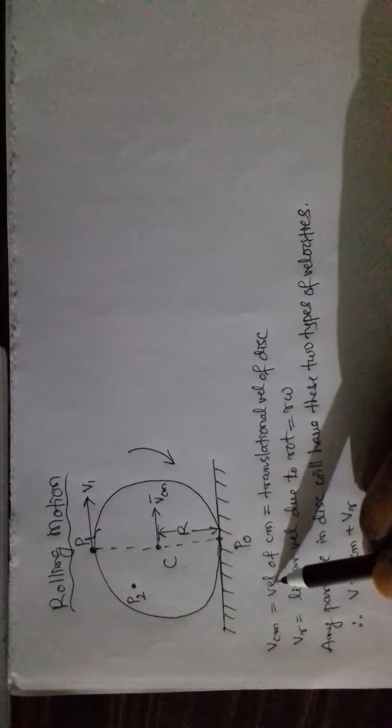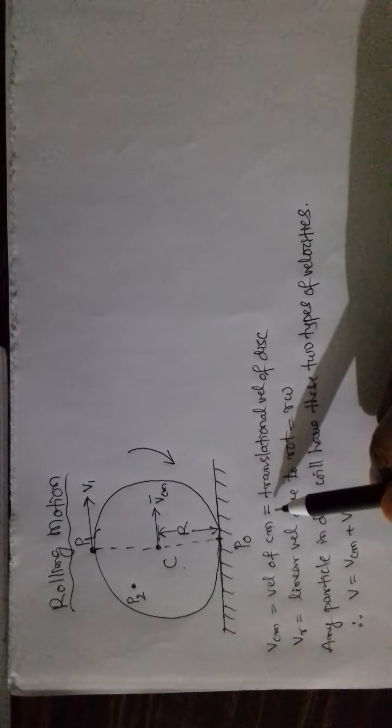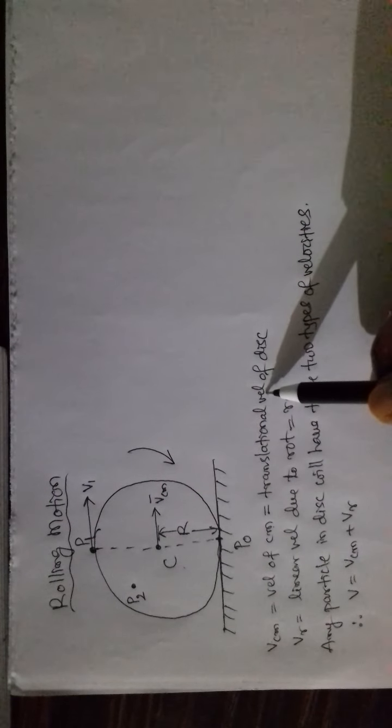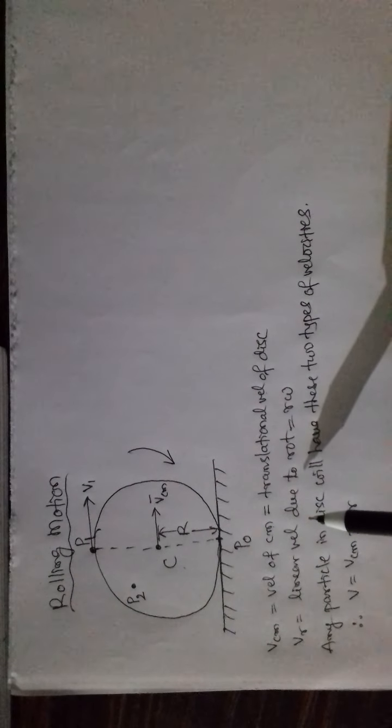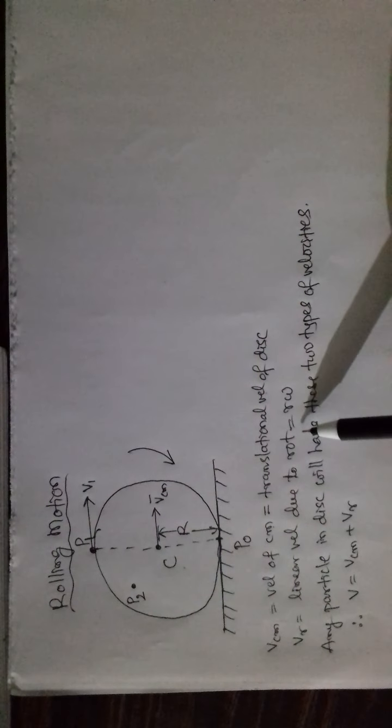So VCM is the translational velocity of the disk. Next, VR means linear velocity due to rotation, and that is v equals R omega. This is the relation between linear velocity and angular velocity.